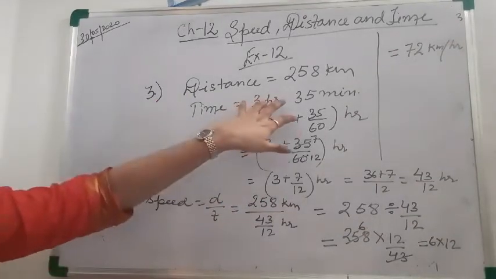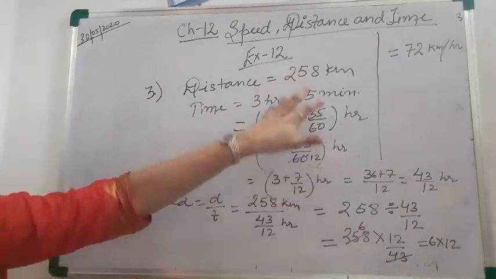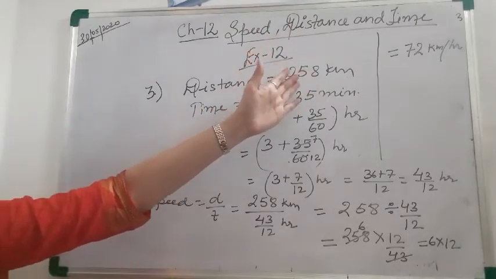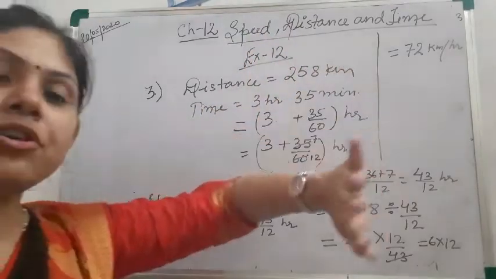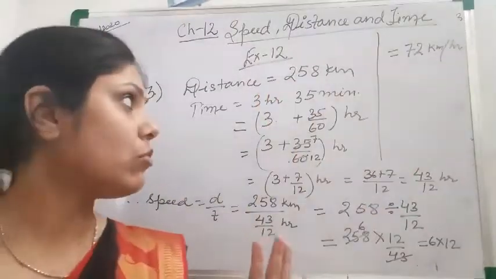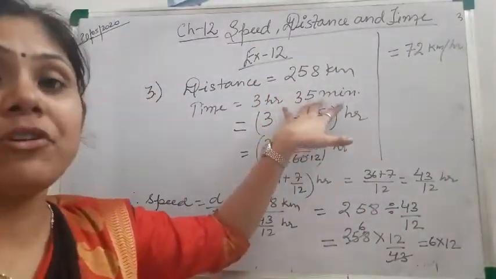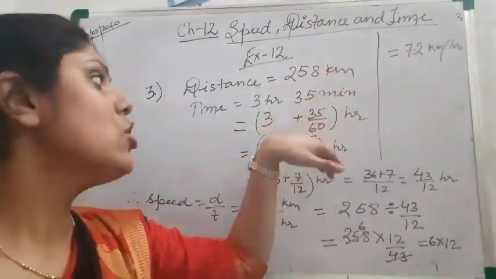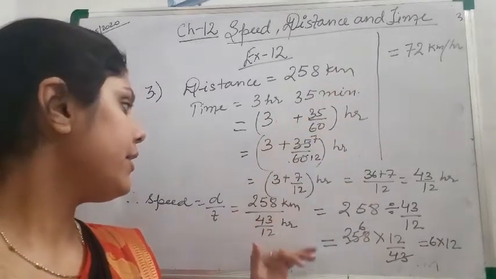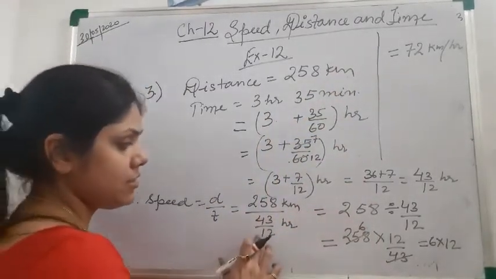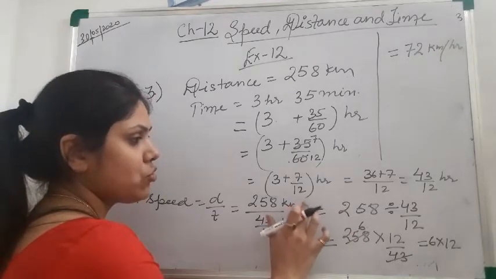If you convert this whole thing into minutes, then you also have to convert the distance into meter, and then you will get the correct answer in meter per second. Here minute is there, so you would convert this whole into second and this into meter. It's better to convert into hour, and then distance upon time. The distance is 258, division becomes multiplication by 12 upon 43.